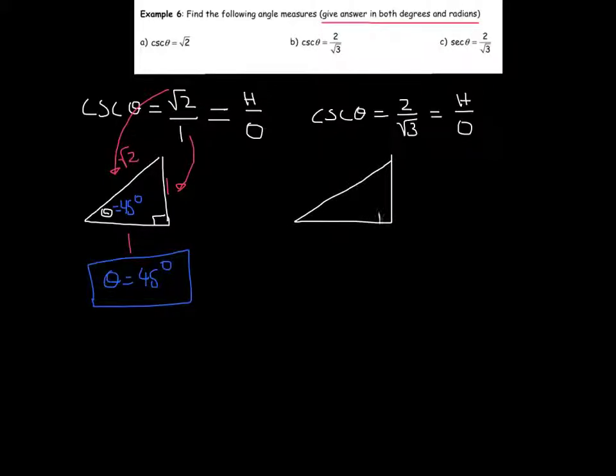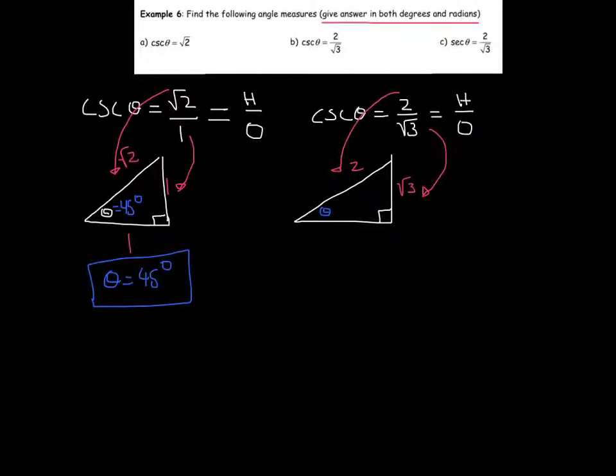Hopefully each time we're doing these, you're getting more and more comfortable. We're going to put theta down here. That's where I like to put it. You could put it up at the top, but I like to put it in the bottom. And once again, hypotenuse over opposite. So hypotenuse is 2. Well, that's going to go right there. And opposite, root 3, that's going to go right there.